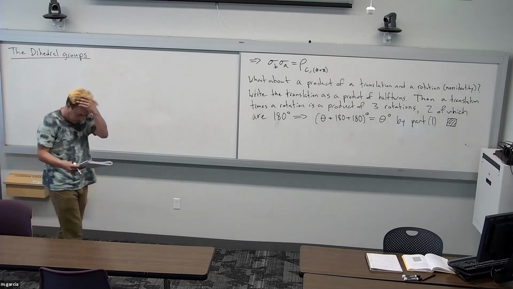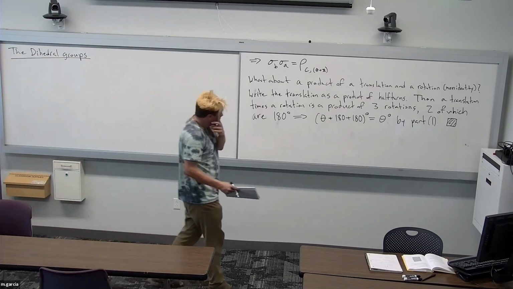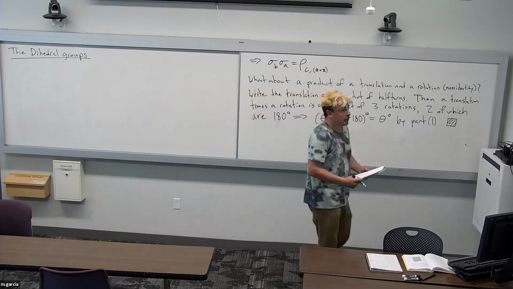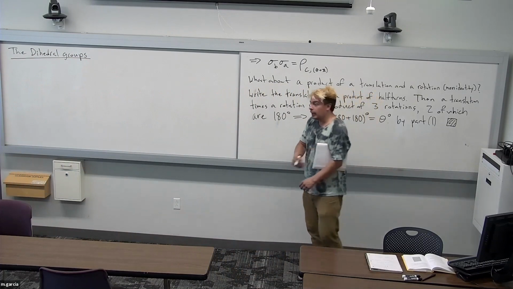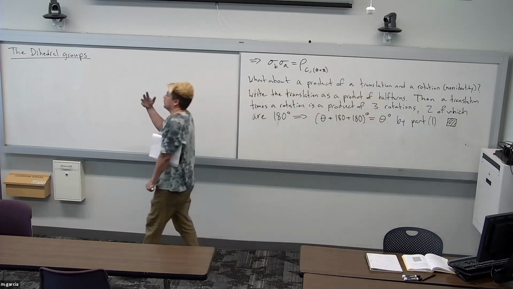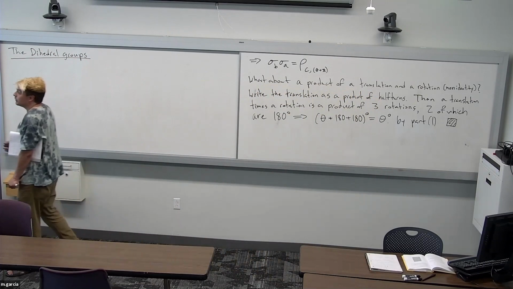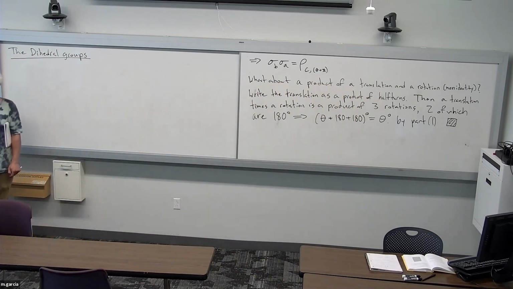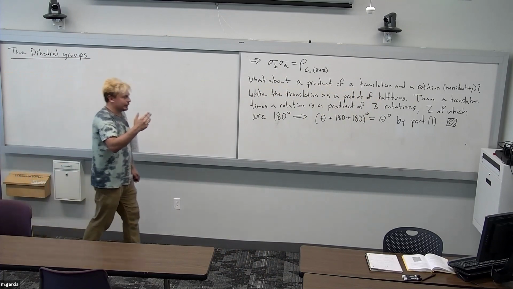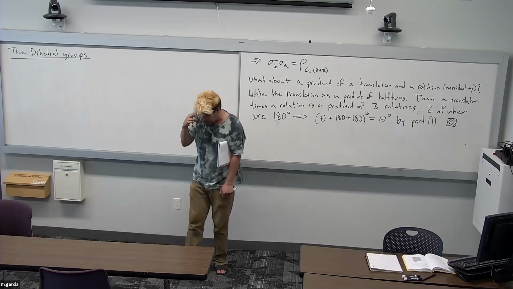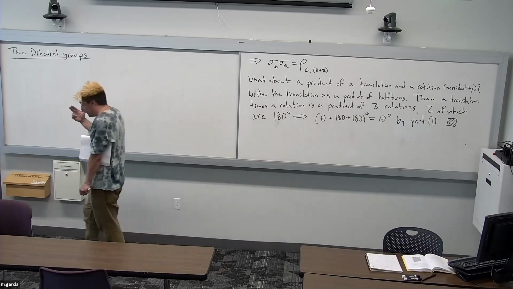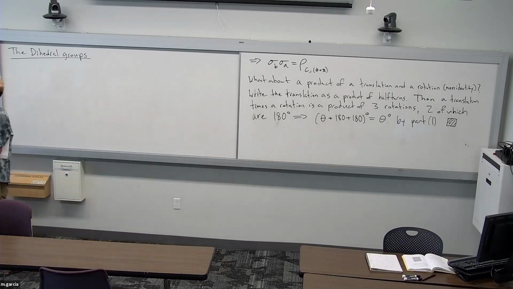Okay, so we spent some time earlier in the summer trying to describe the symmetry groups of rectangles, right? And I think we also did a homework exercise where we talked about all the possible symmetry groups of triangles.